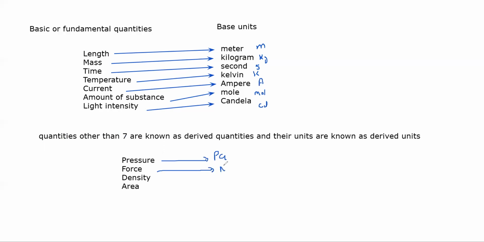Force is Newton, a derived unit. Density is kilogram per meter cube, a derived unit. Area is meter square, so it is a derived unit. Is it clear till now? Yes.